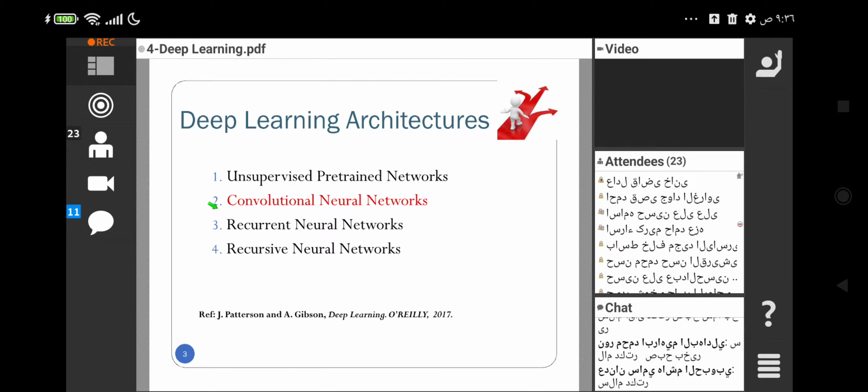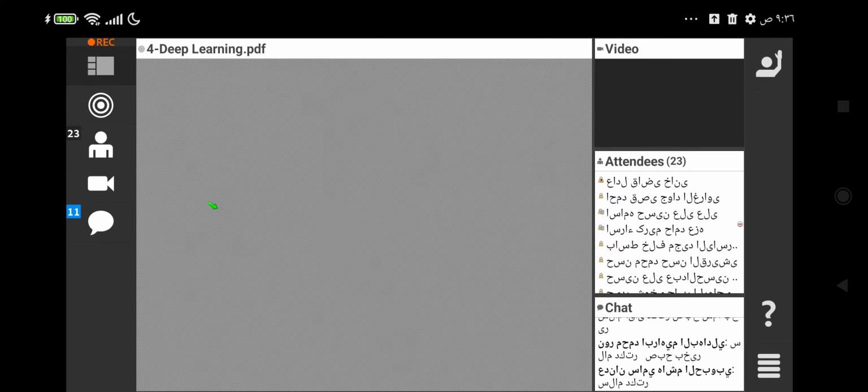It is a special type of architecture in deep learning, and it is very popular. It is mostly used for images and videos, but it is being used for text and other data too. In images and videos, it has very good results.